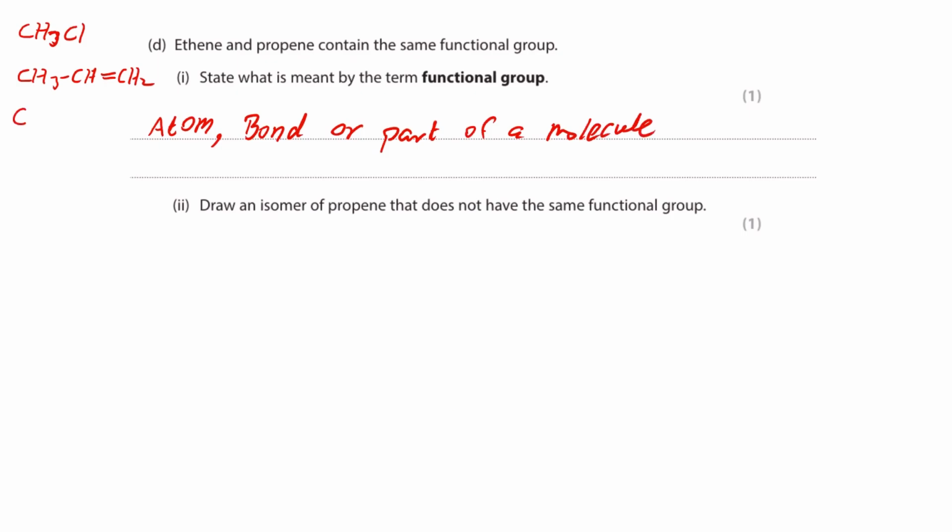How does methanol become an alcohol? Because of the OH group, or you can say a group of atoms.